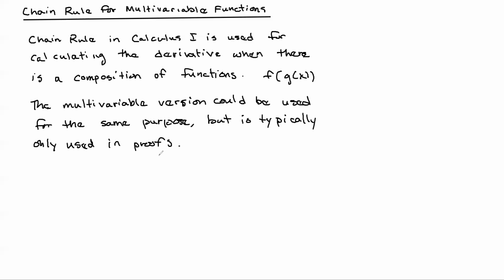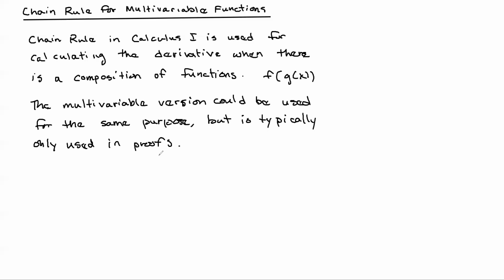So a couple comments on that. Why only for proofs? Because as I will show at the end of the video, it isn't necessary. If you're calculating a chain rule derivative in the multivariable situation, you can just substitute and then differentiate. And so you can work your way around it using the Calc 1 definition.